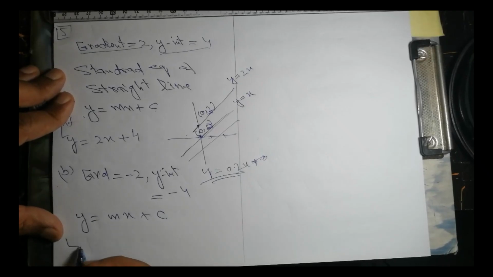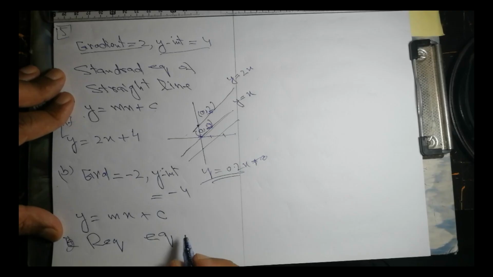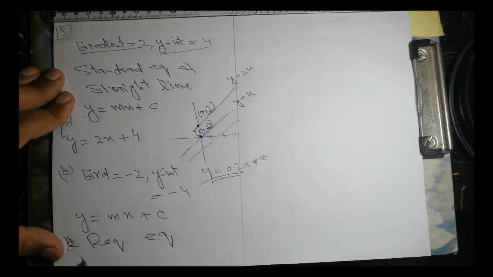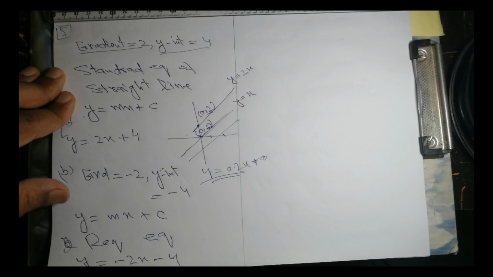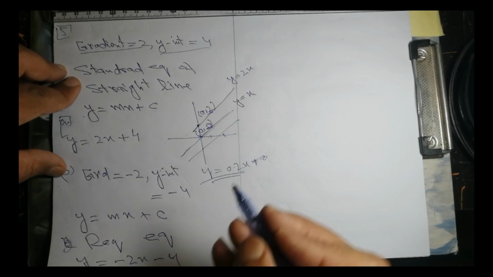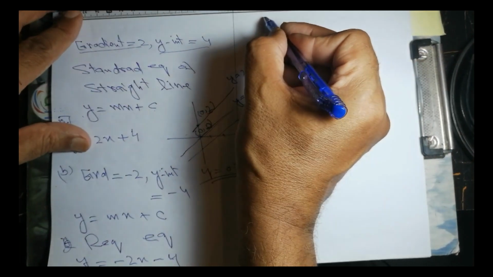So the required equation with gradient minus 2 will be y equal to minus 2x and y-intercept minus 4. This is the answer.